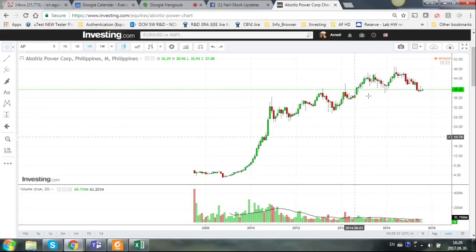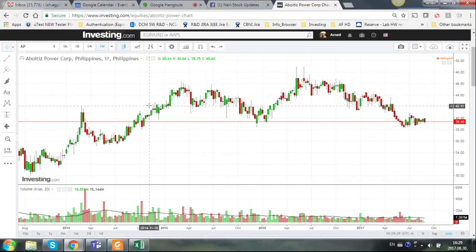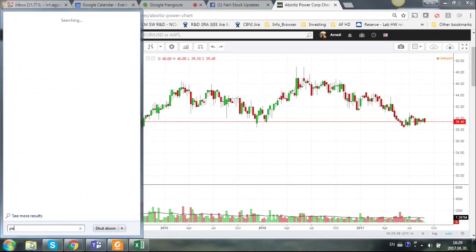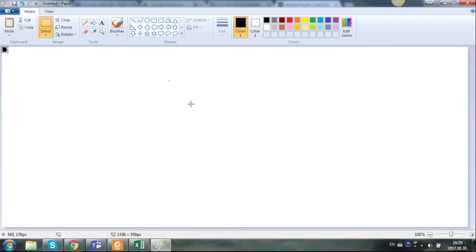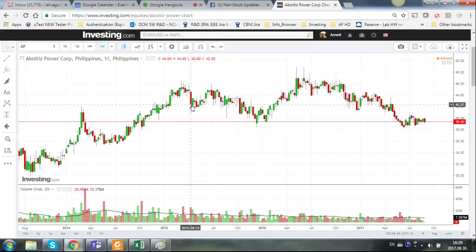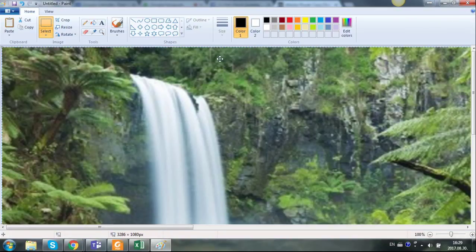From this point of view, parang maganda kahit wala pang mga indicators na ginagamit. Kung titingnan mo to, okay, medyo nasa magandang status itong company na to. Considering also yung profitability natin.